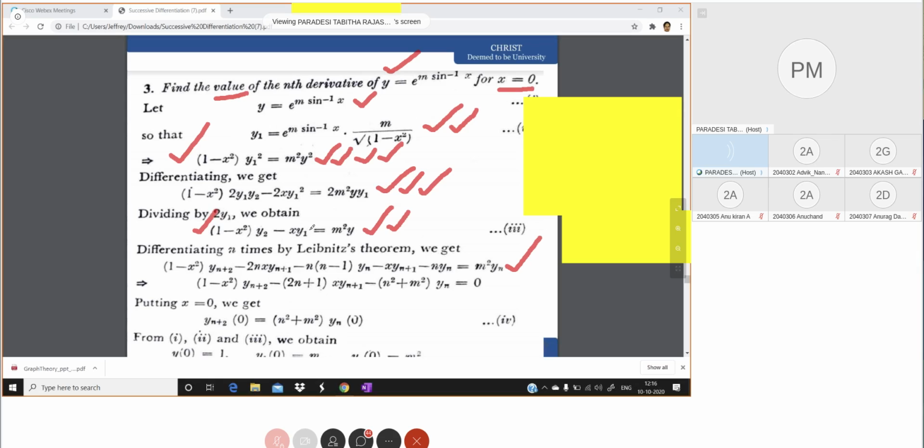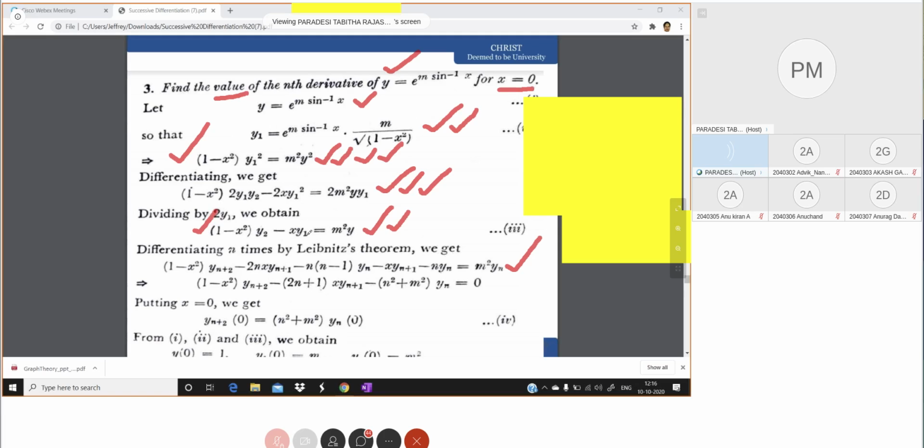Next, start with minus xy1. How many terms do you think we'll get? x as it is, x derivative 1 will come, and then after that it is 0. So for xy1, we are expecting only 2 terms, because you will have the function as it is coming and its derivative 1 coming.